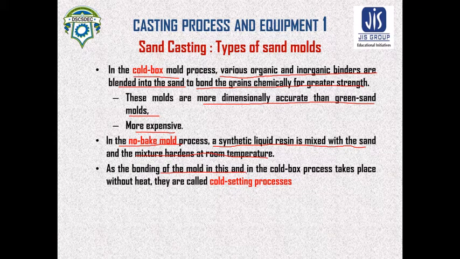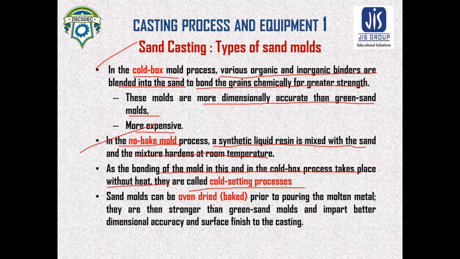As the bonding of the mold in the cold box process and the no-bake mold process takes place without any heat, they are called cold setting processes. So these two, the cold box process and the no-bake mold process, are called cold setting processes.